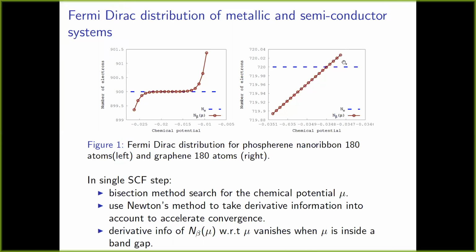Then we interpolate the chemical potential and the density matrix so that it gives the correct results. As the SCF converges, in each SCF step we narrow down the mu min, mu max range so that we will get a very good approximation of mu.